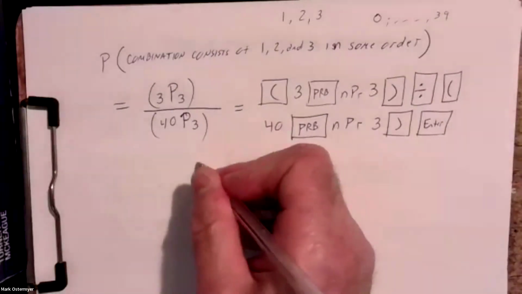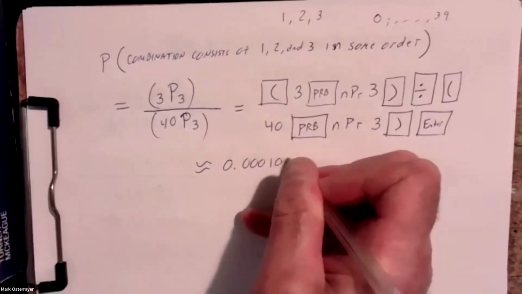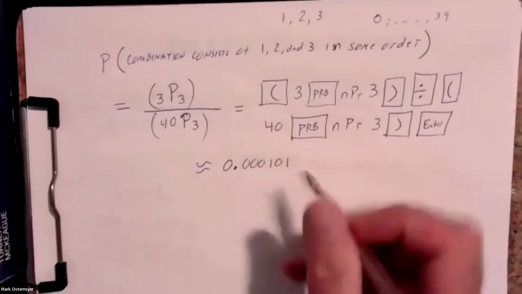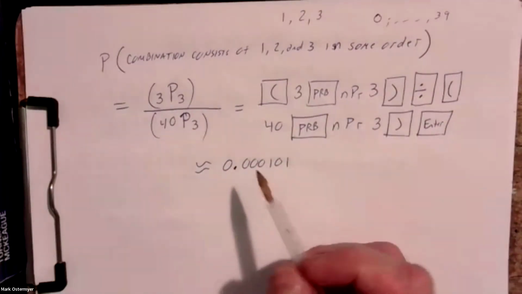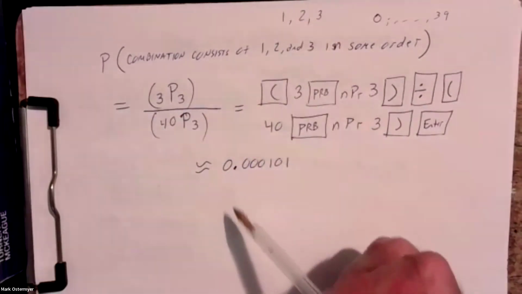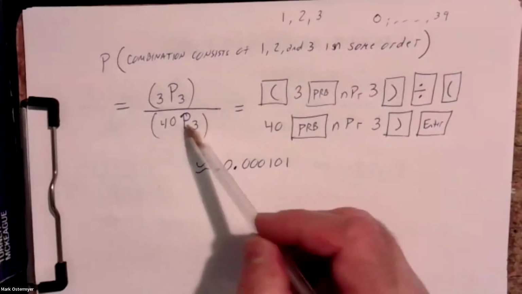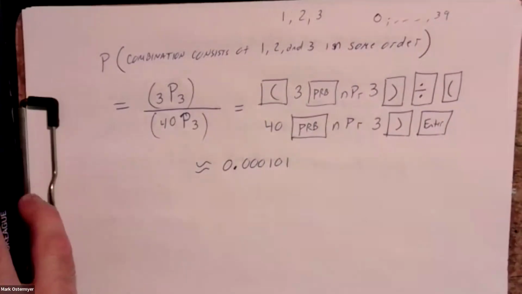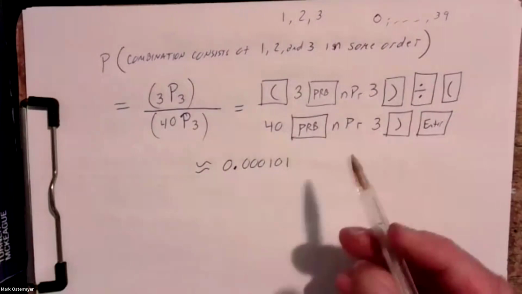Okay. So that's the probability. So this probability is approximately 0.000101. And you can just leave it like that. I mean, that's a very small chance, if you will, that our combination will consist of the numbers 1, 2, and 3 in some specific order of all the possible orders that could be constructed from 40 numbers, 3 at a time.